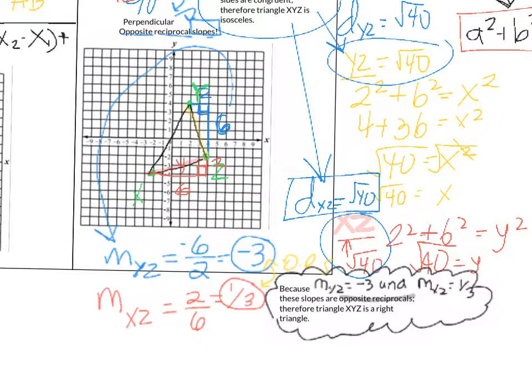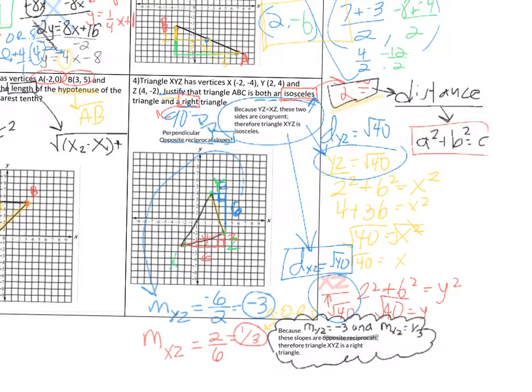Again, since up here in the problem it said to justify that it was an isosceles triangle and a right triangle, we must have both of these things, the work and the sentence, to really wrap up our answer and be sure that we get full credit.